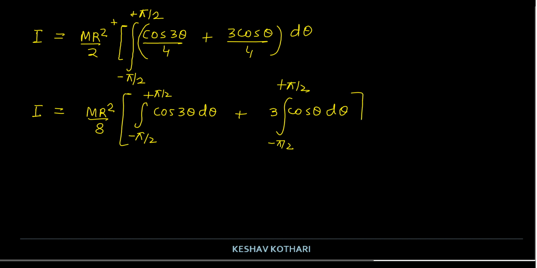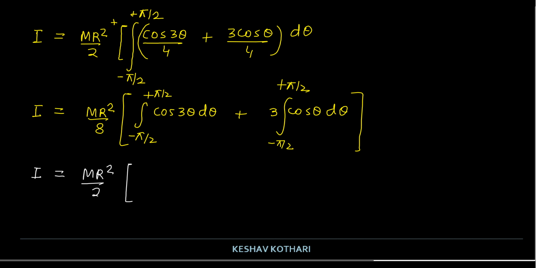So this is how this integral equation is going to convert, and over here I can calculate it as mr square by 2. Now integration of cos 3 theta is going to be sin 3 theta by 3.